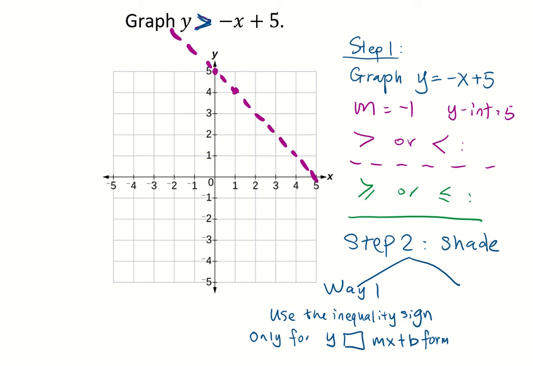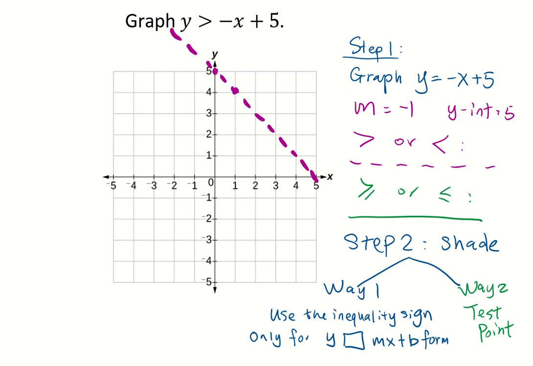So we'll shade above the line. All the points above this line will be our solution. However, the points on the line will not be a solution, and that's why we draw the dotted line here, not the solid line.